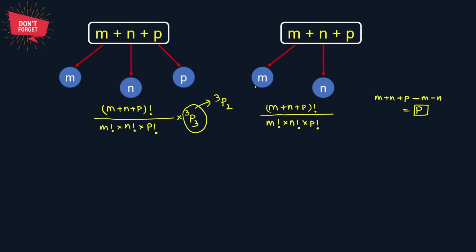Same thing here, we are having 2 groups. The unknown group I am not taking into consideration. Now, if I ask you to distribute these 2 groups among 2 people, you will simply do 2P2, or you can write this as factorial 2. That's it. Is it clear to everyone? Absolutely. Okay.